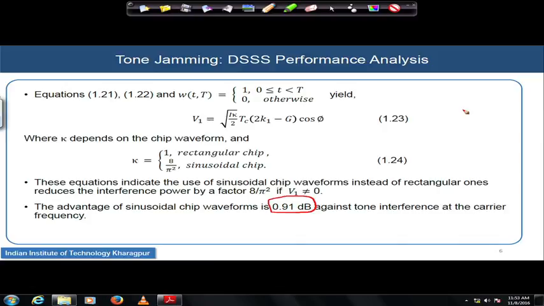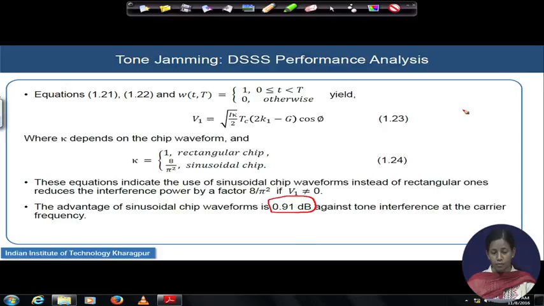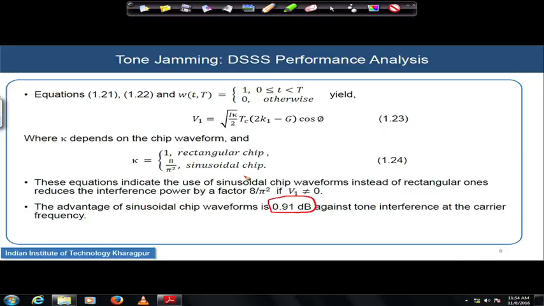So, when you are choosing the spreading code for your design, keep this in mind. One is related to the number of plus 1s and minus 1s that should be in the codes to minimize the effect of the interference, and also the choice of the pulse shape that you should consider in the code design itself.